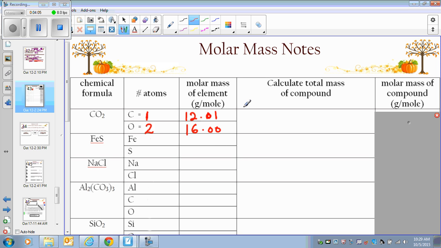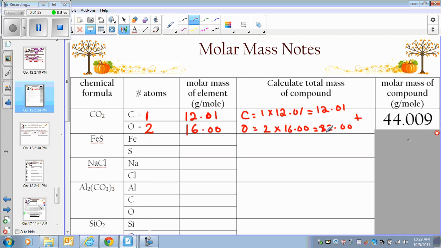To calculate the molar mass, I take the mass of carbon, 1 multiplied by 12.01, and the mass of oxygen, 2 multiplied by 16.00. So I get 12.01 and 32.00. Now I add the 2 together to get 44.01.